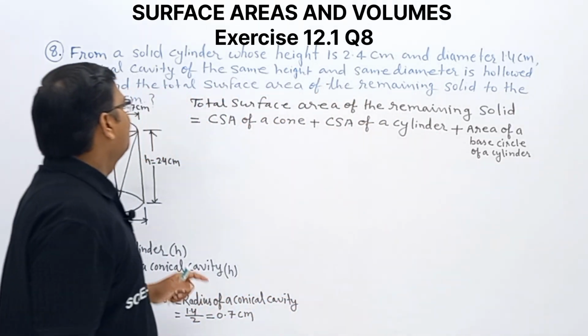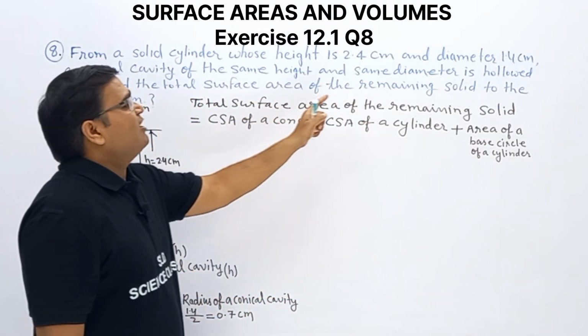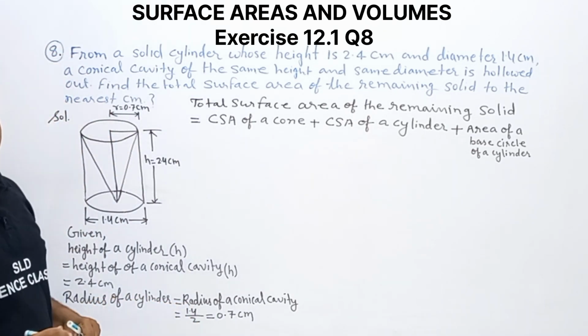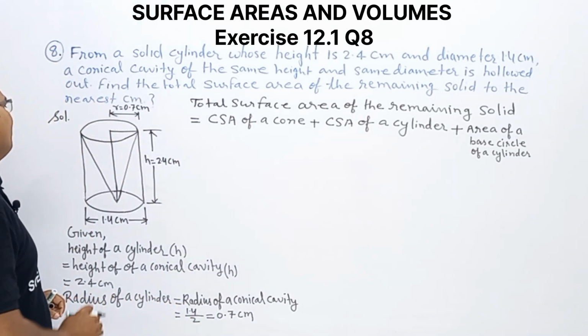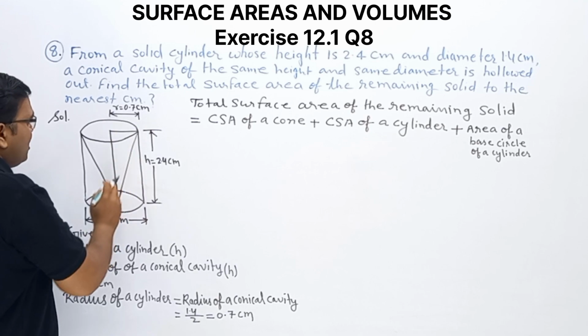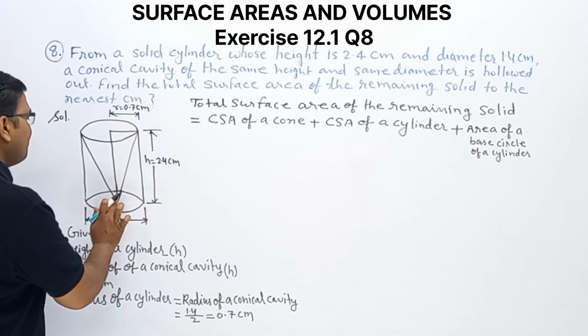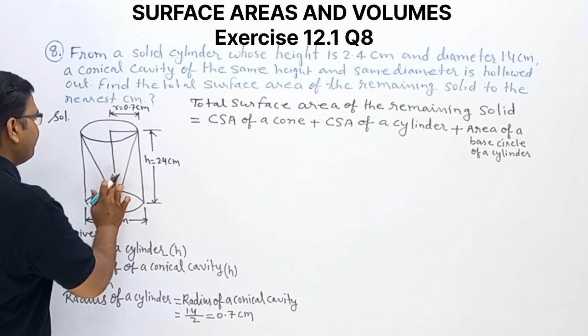Understand first. Total surface area of the remaining solid. Once we hollowed out this conical cavity, we cut this conical shape, then what do we get? I am just removing.